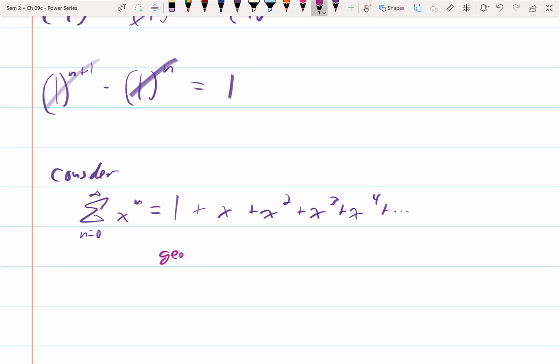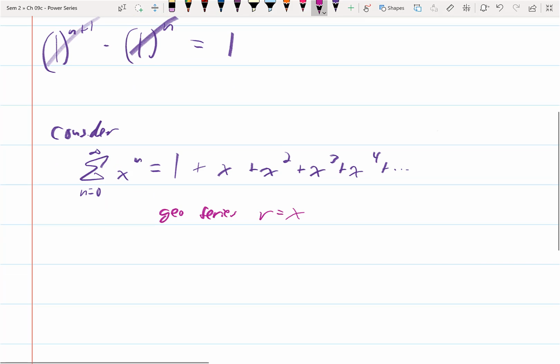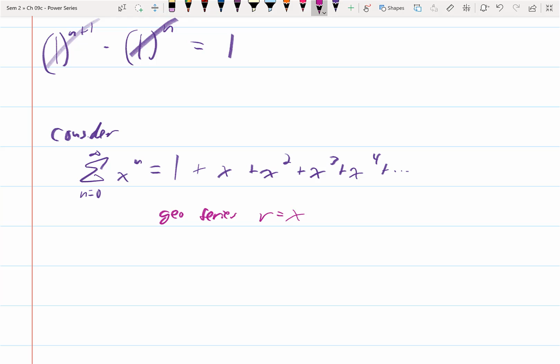We can consider this to be a geometric series with an r value of x. And this geometric series converges when the absolute value of r is less than 1, which also means, since r is x, when the absolute value of x is less than 1, which is to say that x falls in between negative 1 and 1.